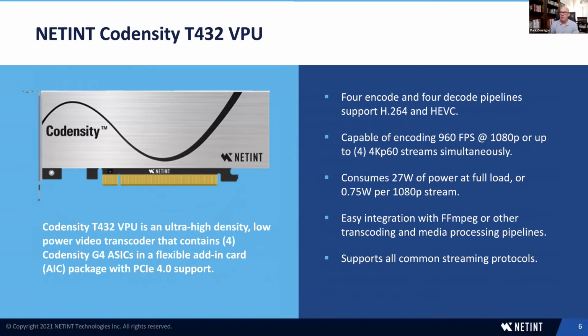I'll make a quick comment about some of the performance, and for those of you that are familiar with ASICs, then you know this. But if you've not had the opportunity to work with ASICs or with silicon, one of the massive advantages is unlike software and CPU-based solutions that don't always scale linearly, silicon does. So when it says 960 frames per second, that is 960 frames per second, regardless of codec, regardless of load.